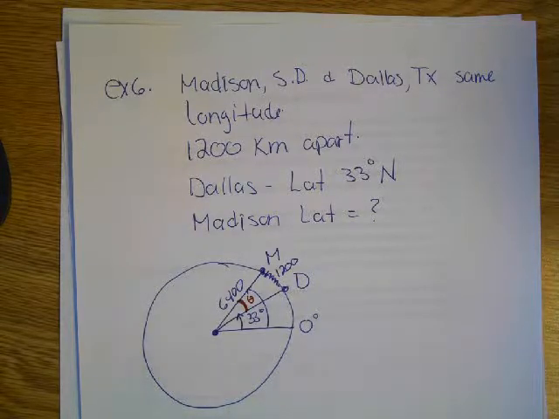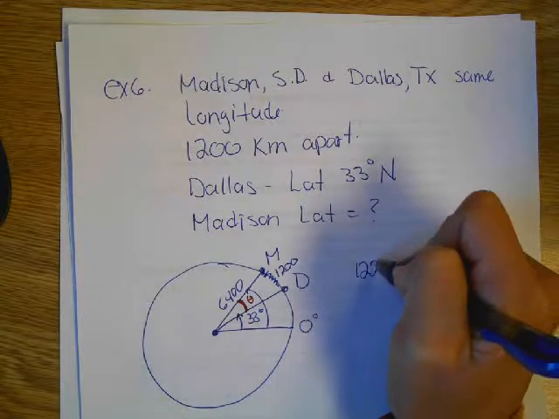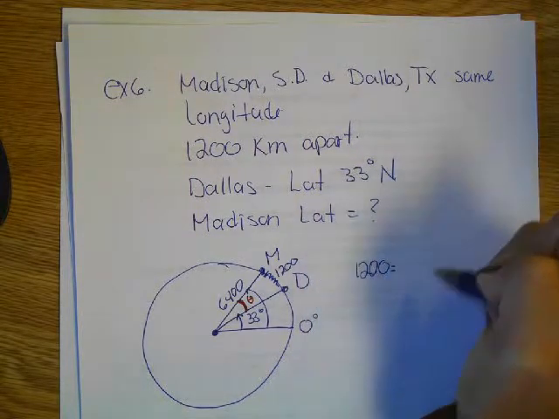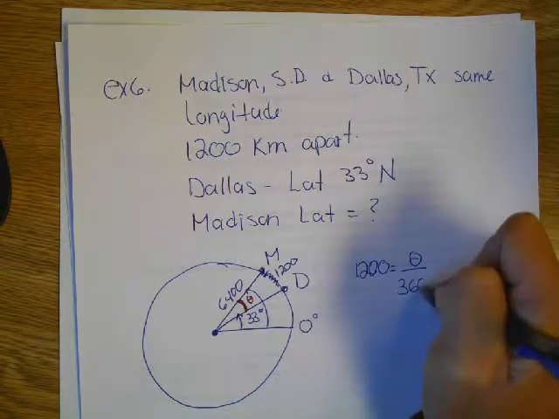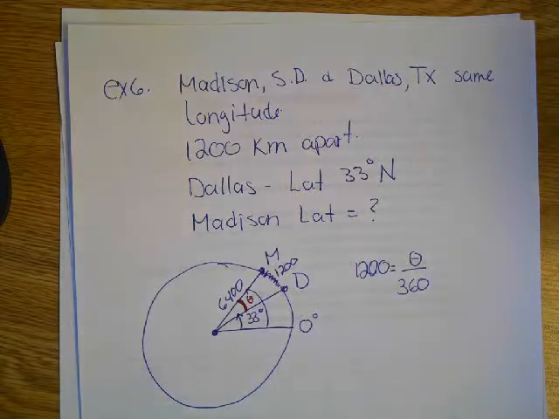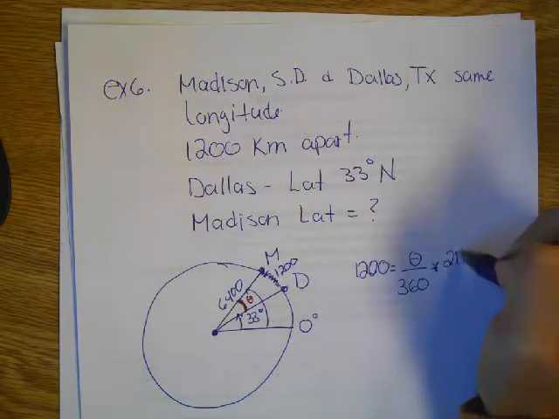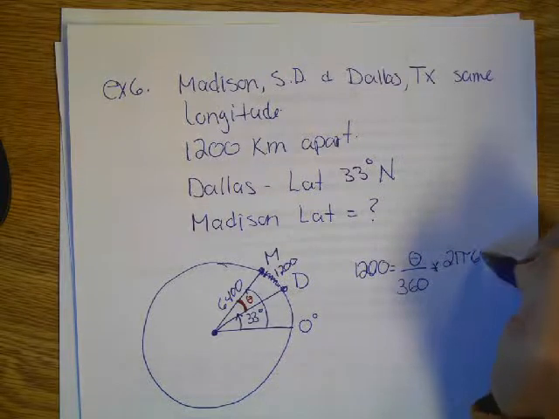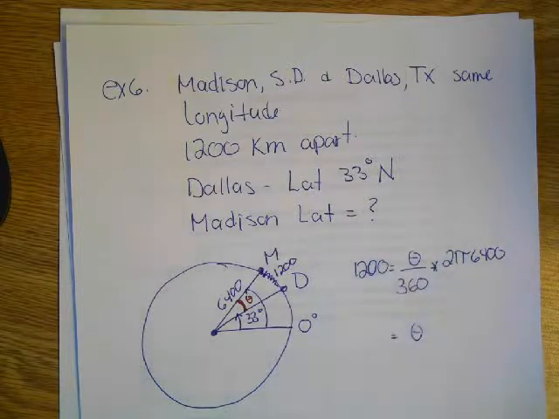Are you ready? So we plug and chug. Our arc length value is 1200. The angle we don't know, but I do want it in degrees, so I'll divide it by 360 to get the fraction of the Earth that we're working with, times the circumference of the Earth, 2 pi 6400. Okay, work your algebra backwards again.